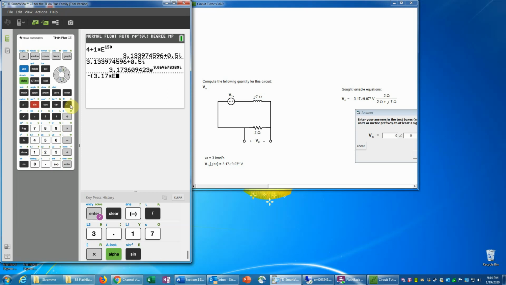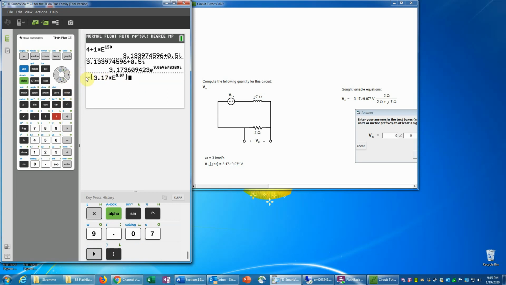So we have that E raised to the power. And don't forget that power. If you multiply by E, then you'll get a drastically wrong answer, and it won't be correct at all. So we have to raise that to a power, and that's going to be 9.07 degrees. So we put 9.07, and then we close our parentheses there.